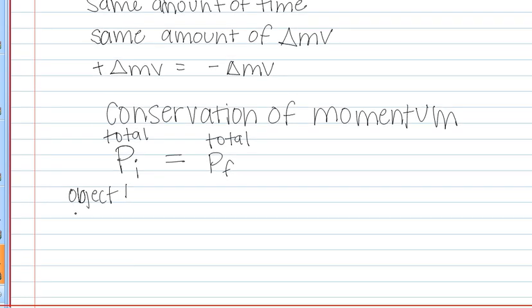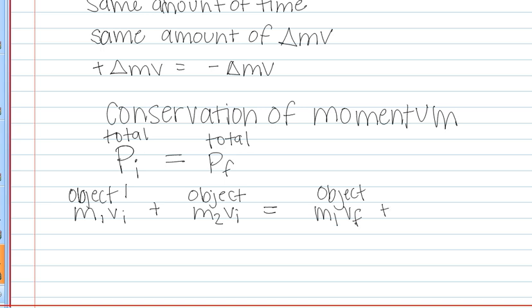So that would be object one's mass times its initial velocity. Add it to object 2's mass times its initial velocity, and that would equal, overall, object 1's mass times its final velocity plus object 2's mass times its final velocity.